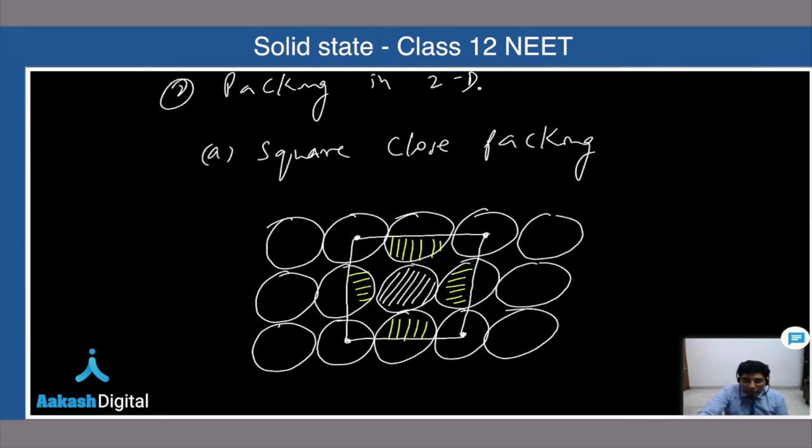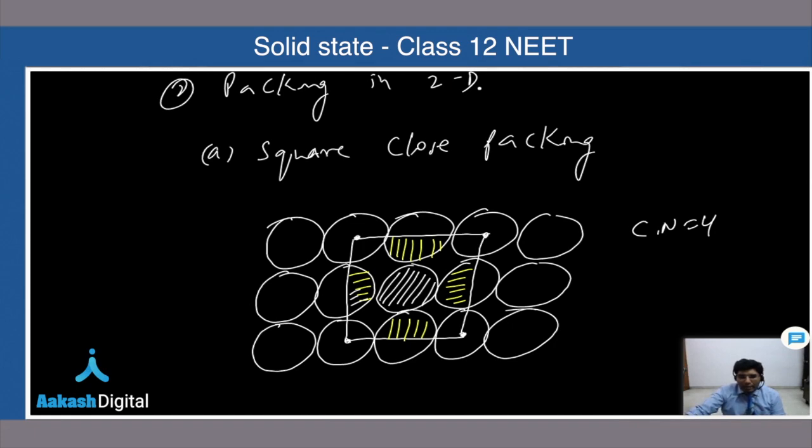The coordination number is equal to 4. Very good. Right? And this is called square close packing.